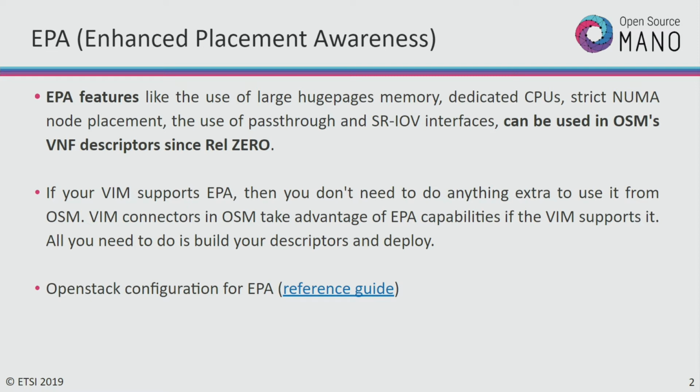And all of these features can be used in OSM since the release 0. If your VIM supports already EPA, you don't need to do anything about it. You just need to build your descriptors as the information model described how to define the EPA. And here you can go to a reference guide for how to configure EPA on OpenStack.